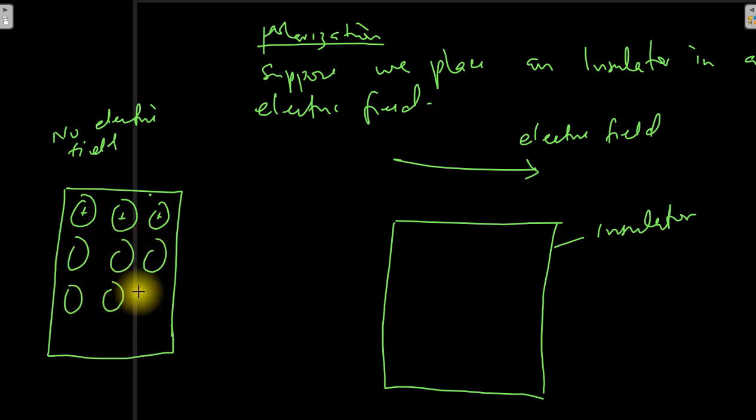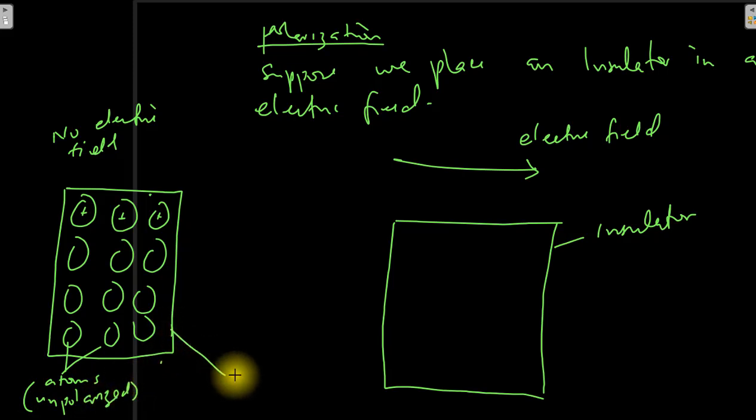So these are the atoms in our insulating material. These atoms are unpolarized. So the positive charge is at the center originally, and the electron cloud is surrounding the atom as it should for a normal atom.